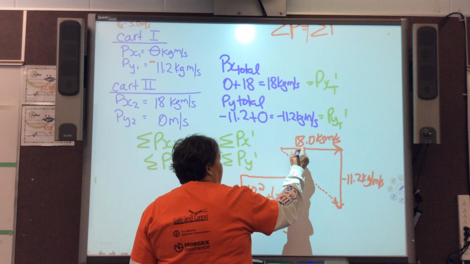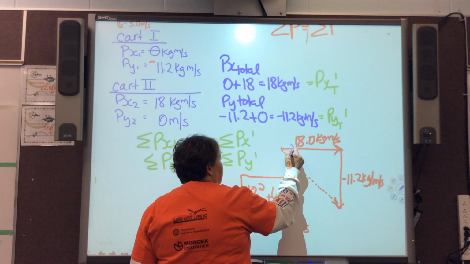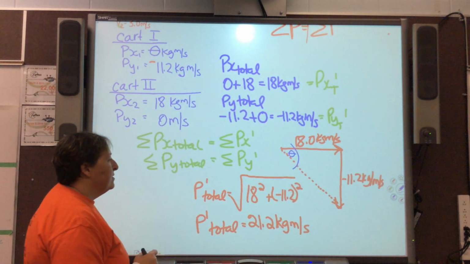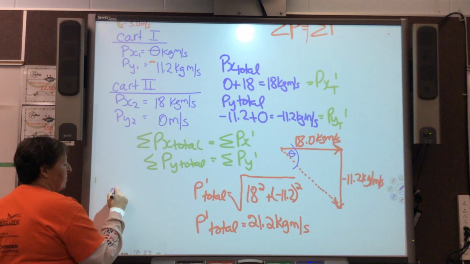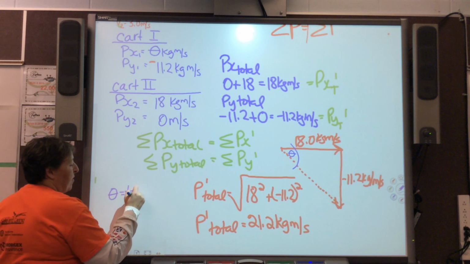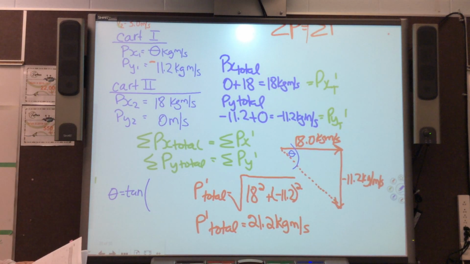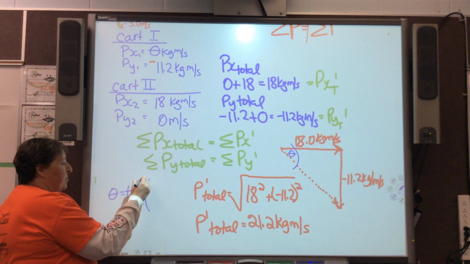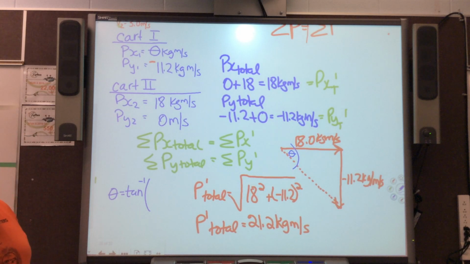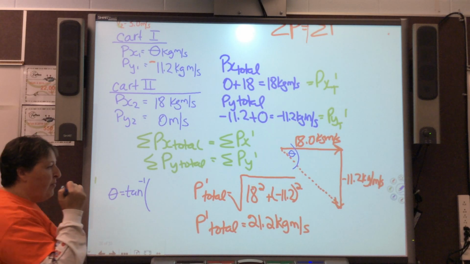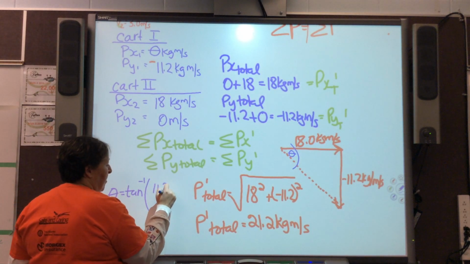Okay, so this is the angle that we're figuring out. So what are we going to do? Tan is what? Opposite over adjacent. Would you take the negative?